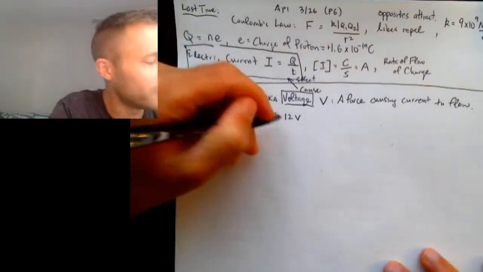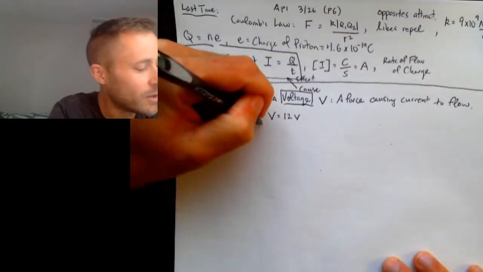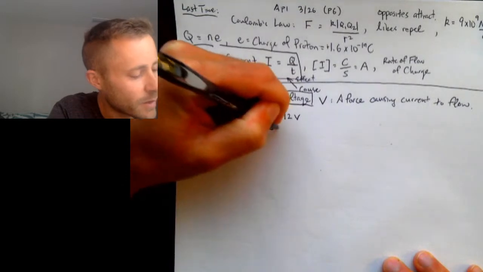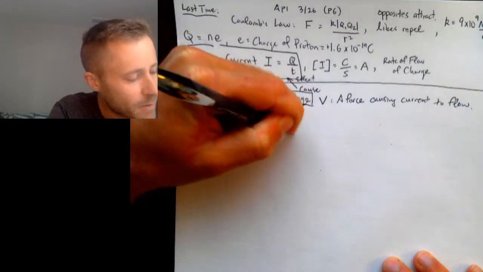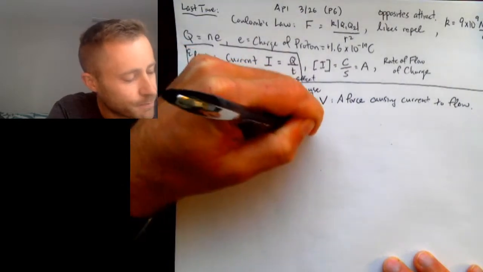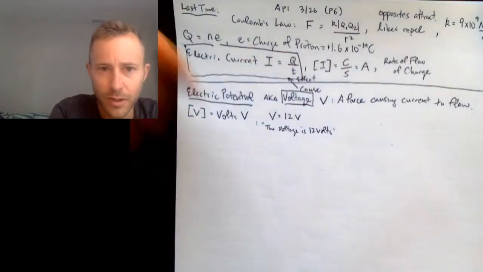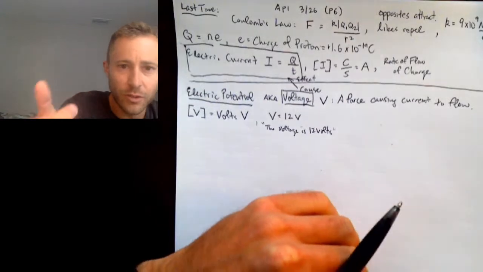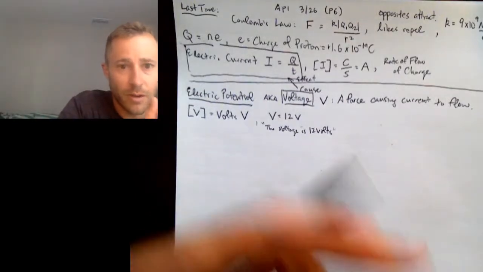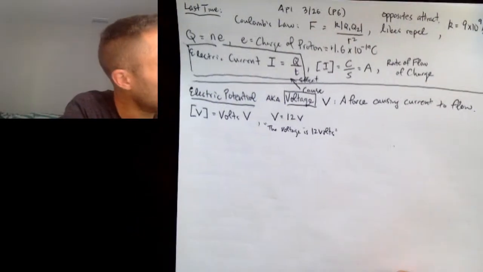But that's not what this is saying. This is saying that the voltage is 12 volts. I think you can tell from context when V is representing a unit and when it's representing a variable.